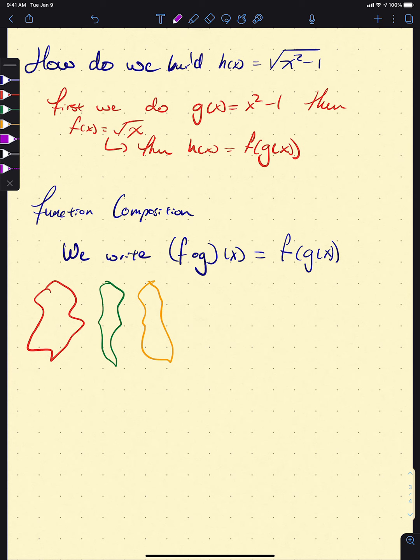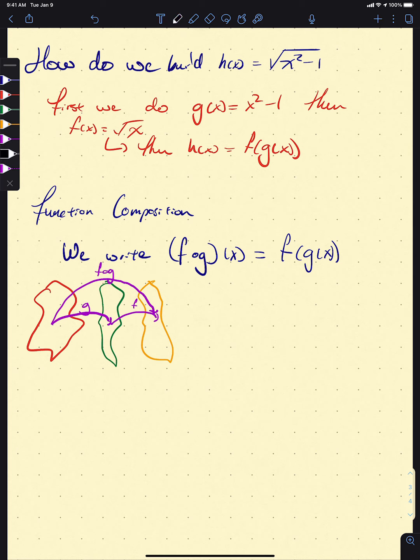If you have some function g going like that, and then some function f going like that, well, you can go straight from the red set to the yellowish orange set with f circle g, because first you do g, then you do f.